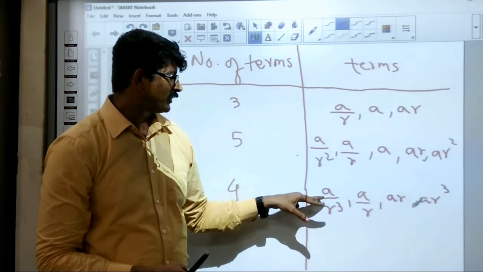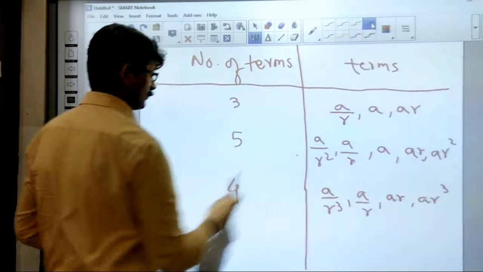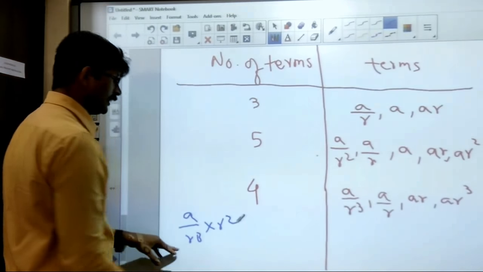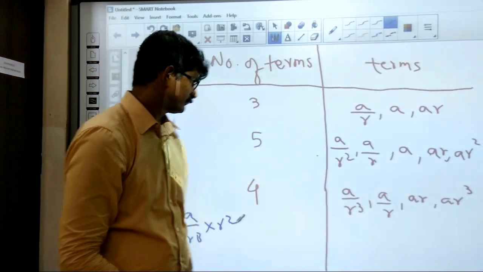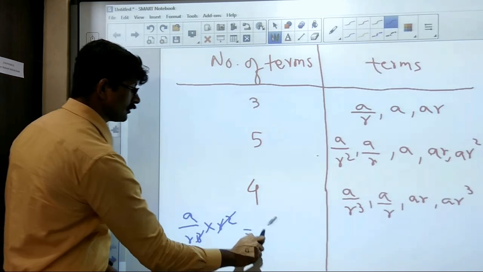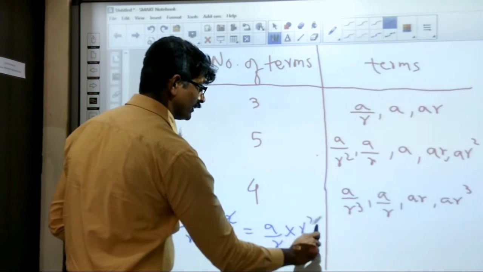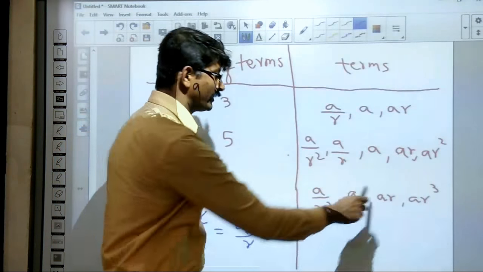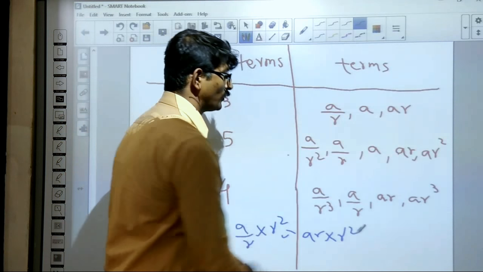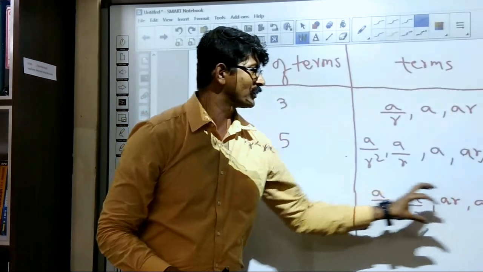If you multiply A by R cube into R square, R cube and R square will get cancelled, so it will become A by R, which is over here. And if you again multiply by R square, you're going to end up with this. And again, if you multiply this AR by R square, we're going to get AR cube. That is how we got our four terms like this.